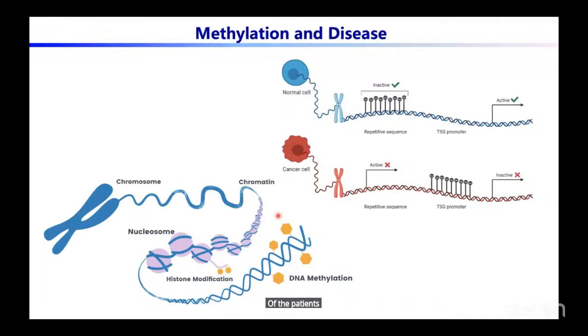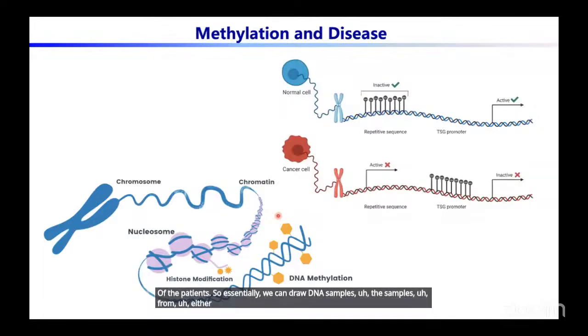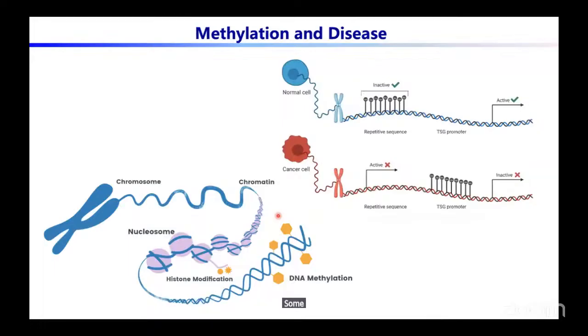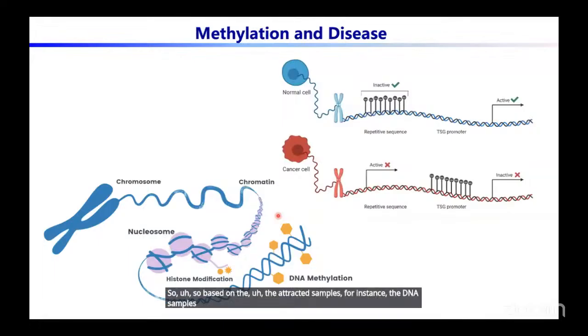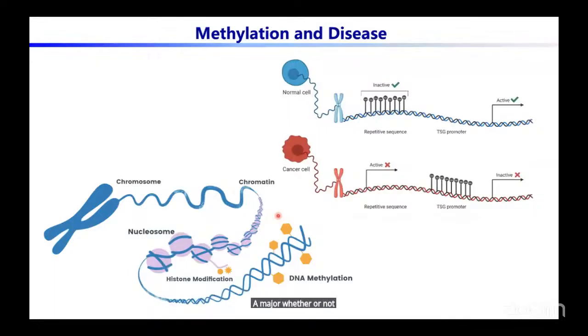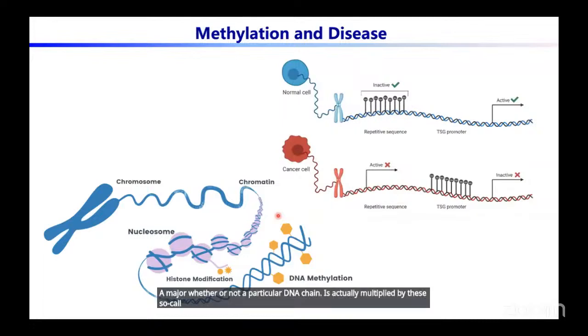Essentially, we can draw DNA samples, either from suspected diseased tissues or simply from the serum in the blood. Based on the extracted DNA samples, we can measure whether or not a particular DNA chain is modified by the so-called methylation process.